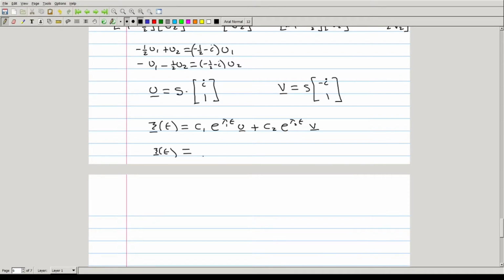So x of t will be equal to c1 e to the negative 1/2 minus i times t times u plus c2 e to the negative 1/2 plus i times t times v, which is negative i, 1, and I'll put in u as well, the vector i, 1.